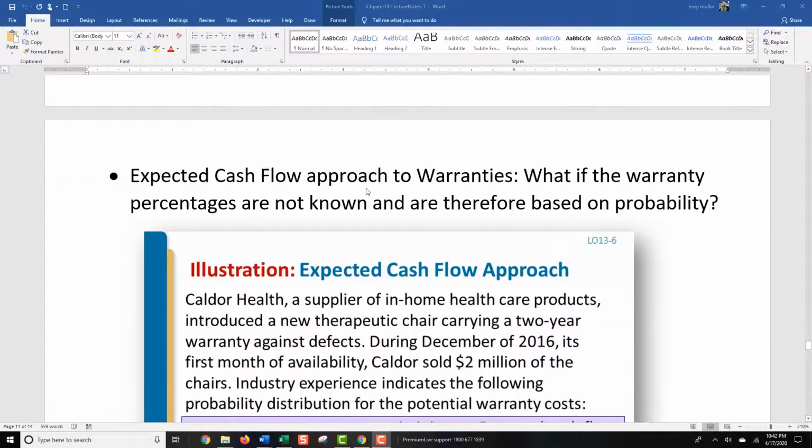Another way of doing this is to use a little statistics and do expected cash flows for warranties.